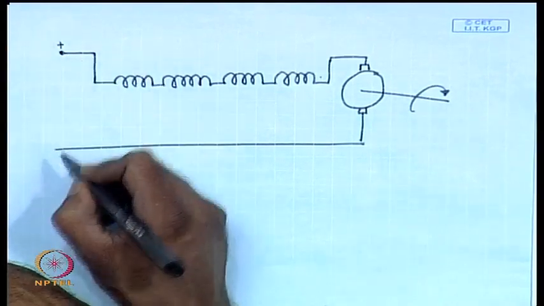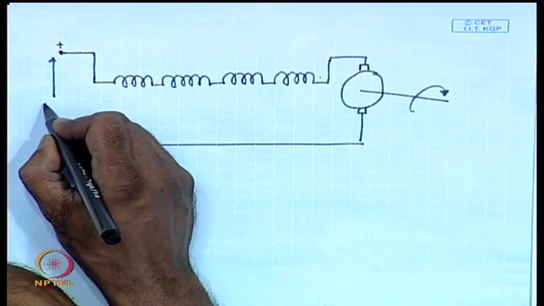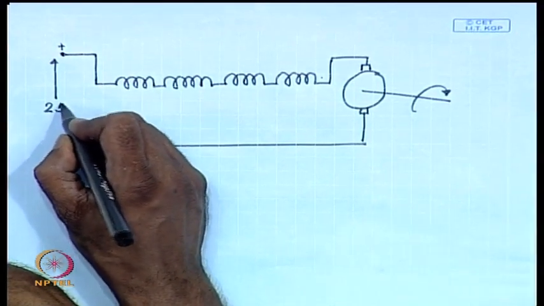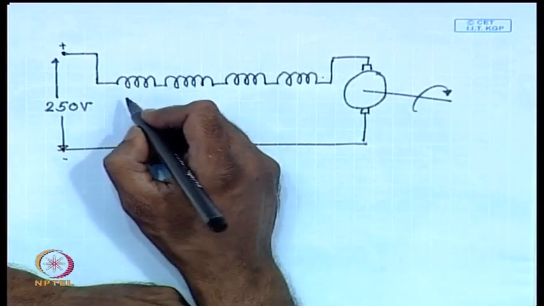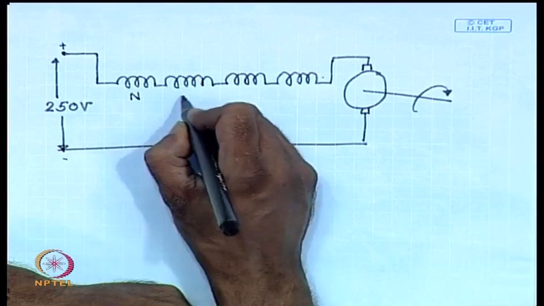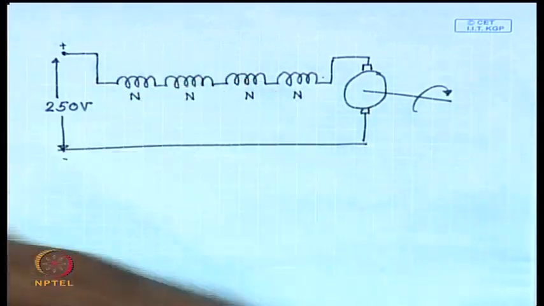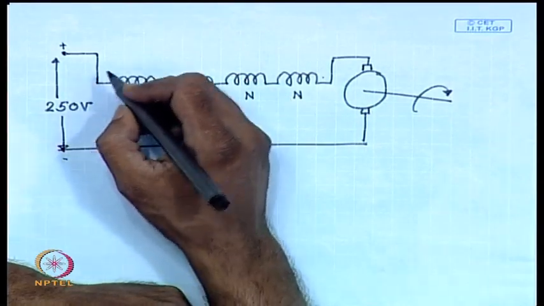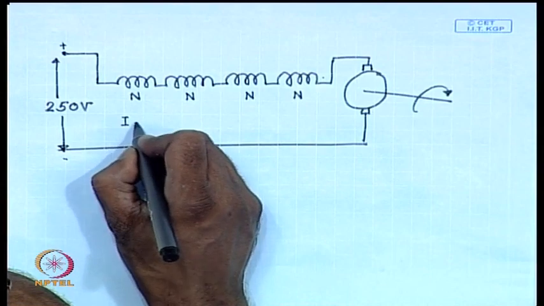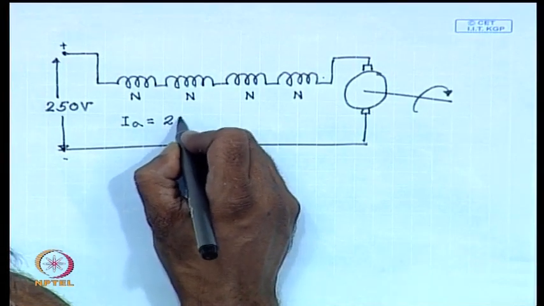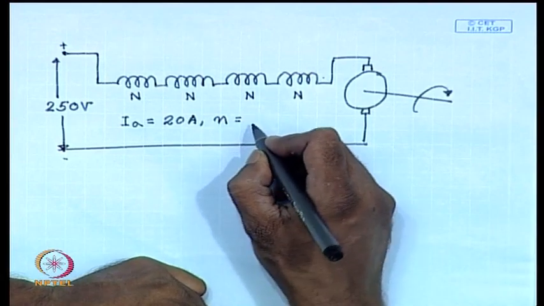So, the rated terminal voltage is 250 volts. Each of these, let us say, have a turn of N. With IA equal to 20 ampere, the speed n is 600 rpm.